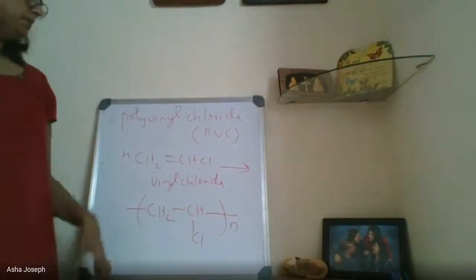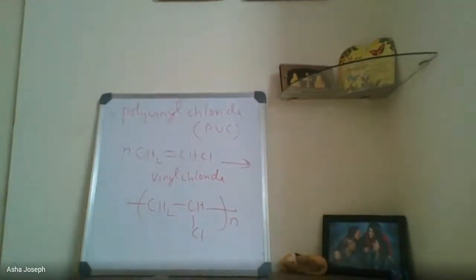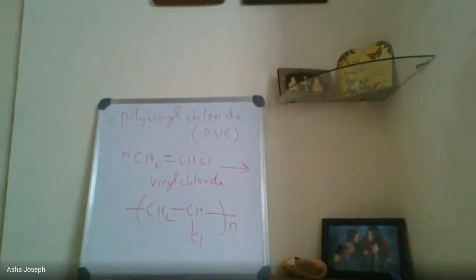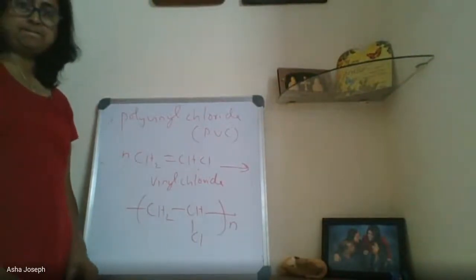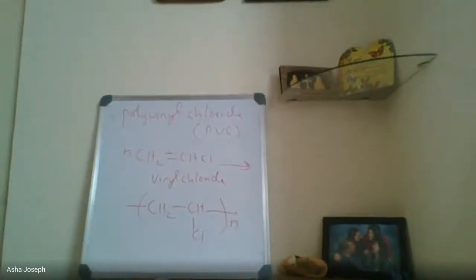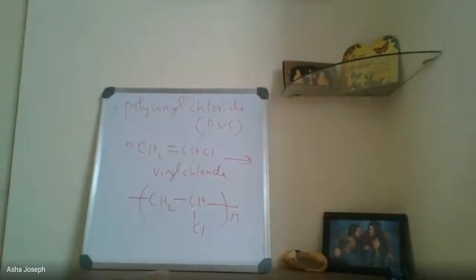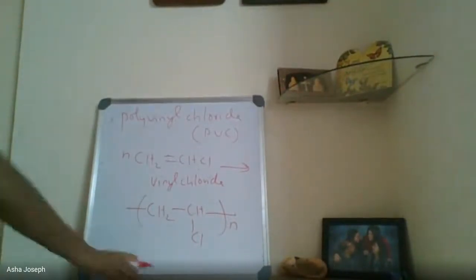So this is polyvinyl chloride. Clear? Yes, ma'am. Okay. Next one is urea formaldehyde resin. Urea formaldehyde resin. Okay.